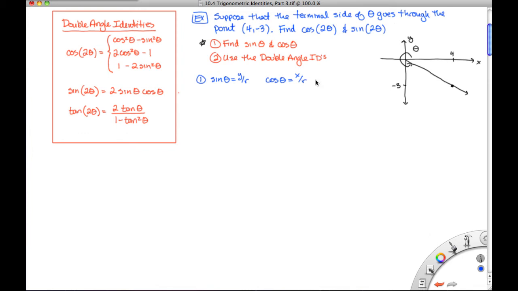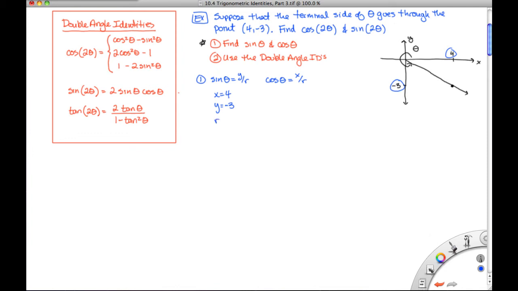So if I can find x, y, and r, I'm golden. Now, we've got a few of these already. We know that x is equal to 4, because that's the x coordinate that our angle theta is going through. We know that y is equal to -3, because that's the y coordinate of the point that its terminal side is going through.